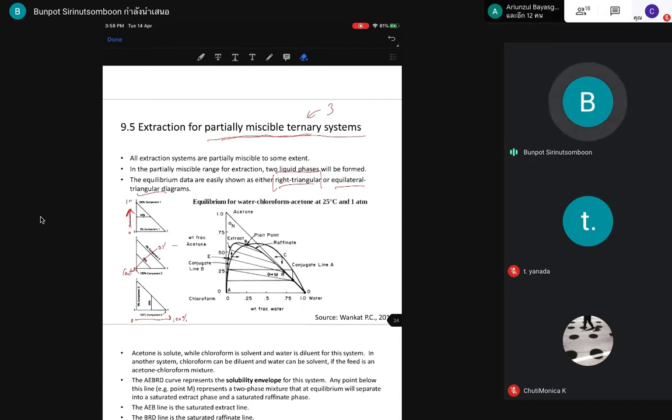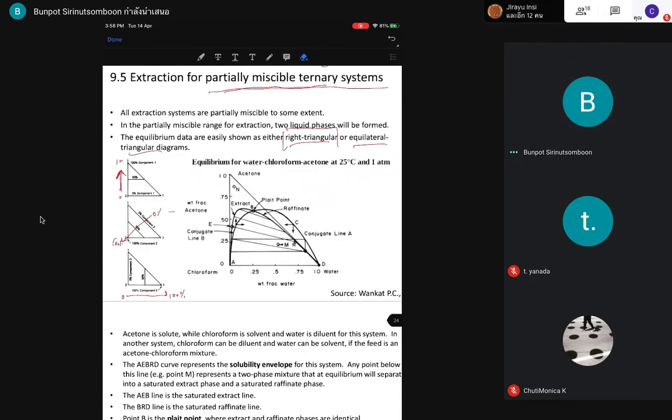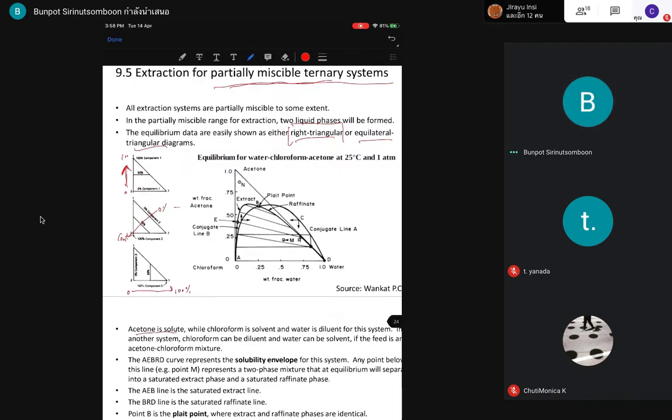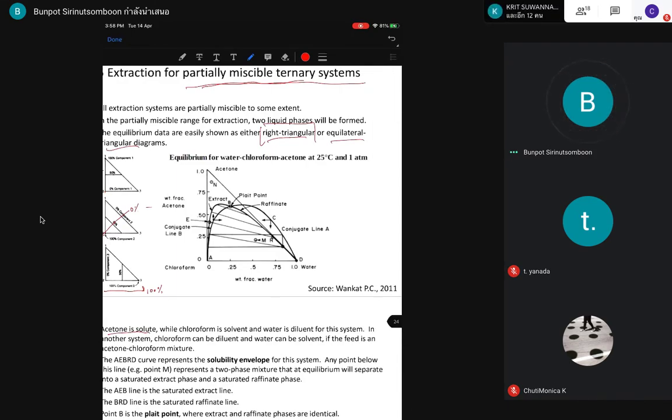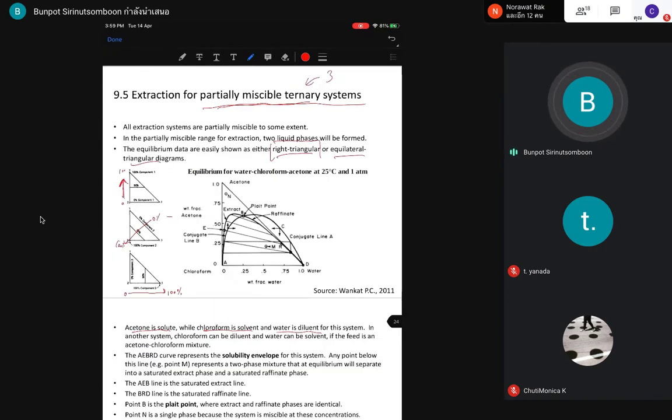In this case, we're going to say that acetone is the solute, chloroform is the solvent, and water is the diluent. Actually, that's just for this example, but in another system it can be the opposite. The chloroform can be diluent and water can be solvent instead.